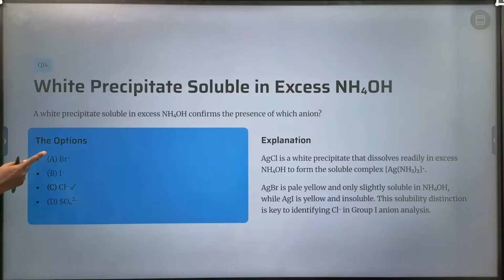Silver iodide and silver bromide are yellow color precipitates, and silver chloride is a white precipitate, and sulfate is also a white color precipitate. But when you add ammonium hydroxide, this dissolves. Silver chloride reacts with ammonium hydroxide to form a complex, the silver amine complex, Ag(NH3)2+, and that silver amine complex is soluble. From that we confirm the presence of chloride.